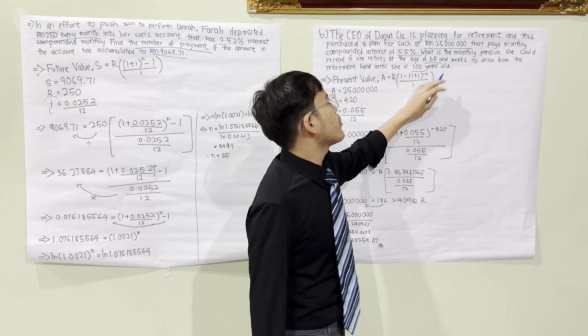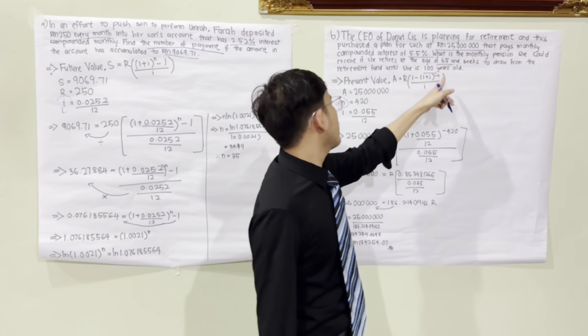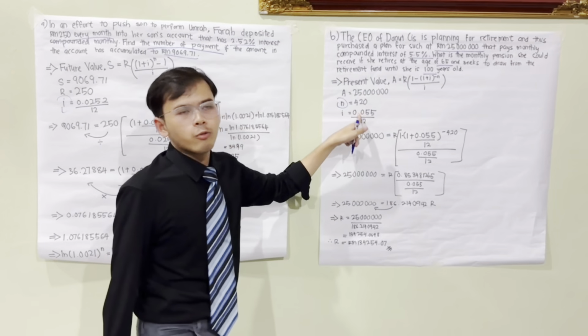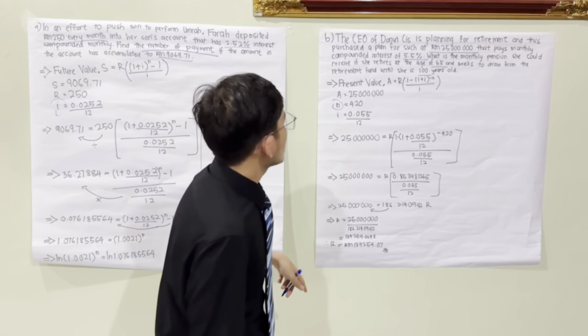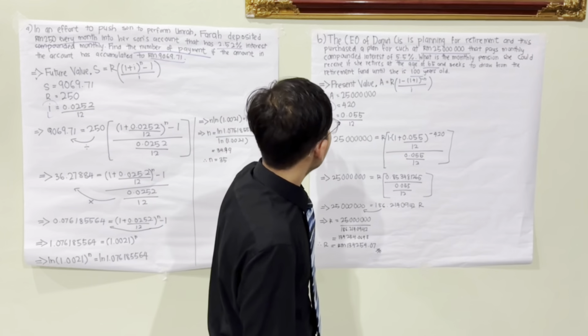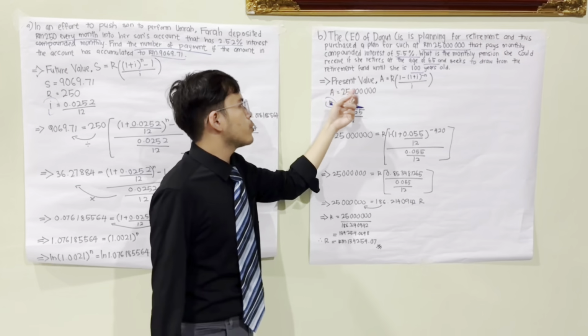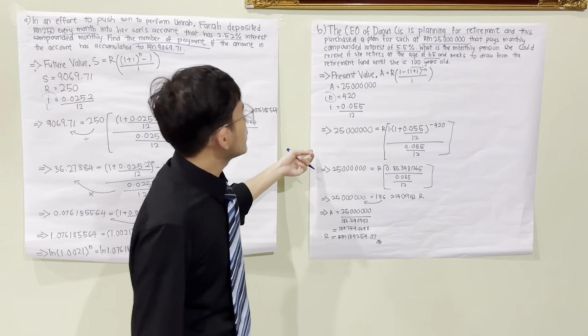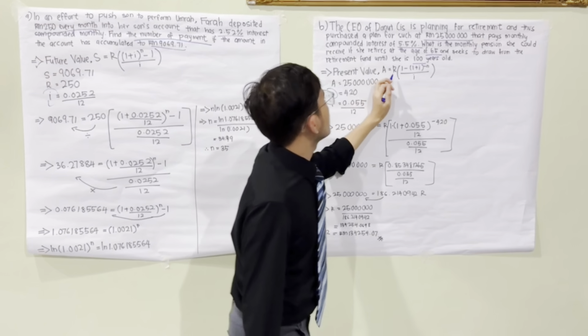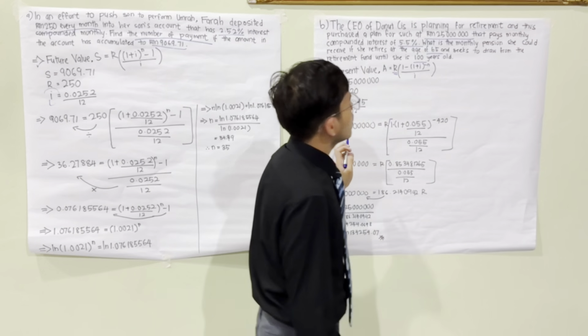So what we say here is how to find n, which is m multiplied by p. So m is 12 and multiplied by 100 minus 65. So we got 420. Okay. So we use the present value formula to find R. Why do we need to find R?